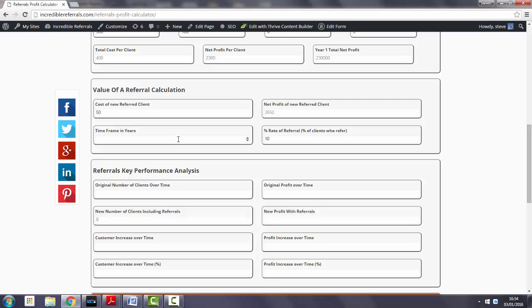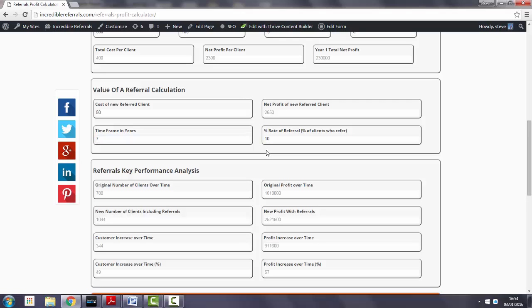Now I need to put in the lifetime value of a client in years. For a lot of businesses it would be 7 years, and obviously that maybe wouldn't be the case for an electrical rewire, because you wouldn't need one every year, but I'm just using it as an example. So that's 7.